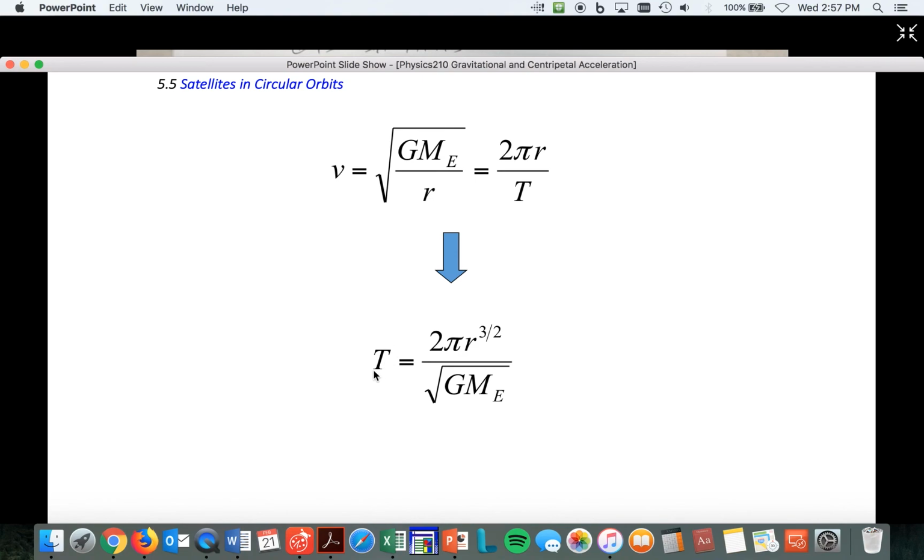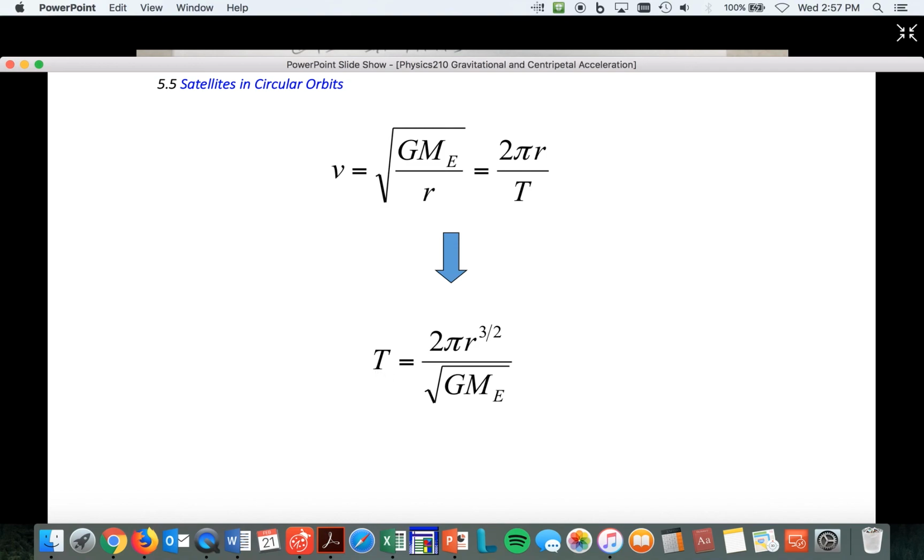You're going, wait a minute, you've got an R here, and I don't know the height, but I do know the period. So I've got one unknown. We just have to solve this.